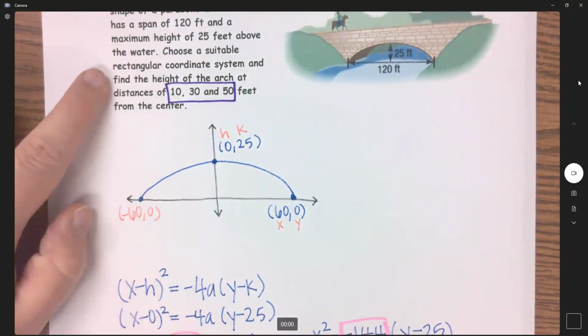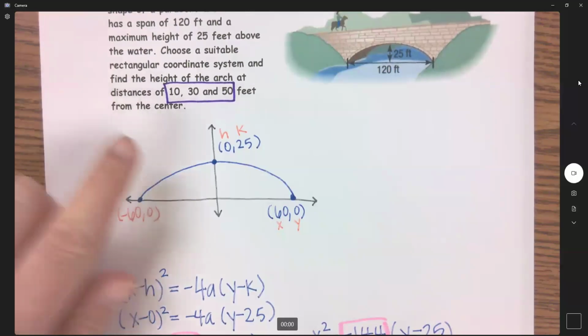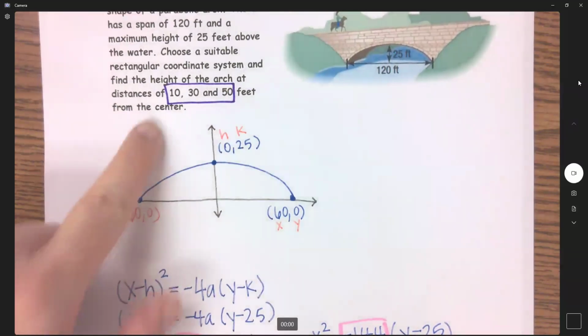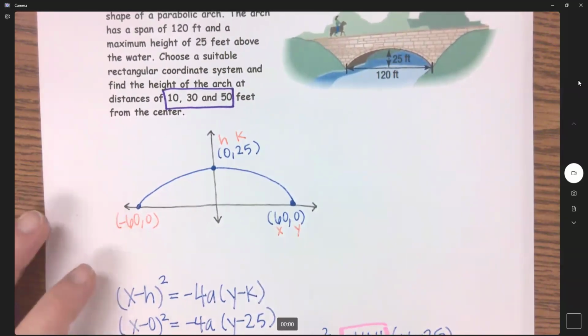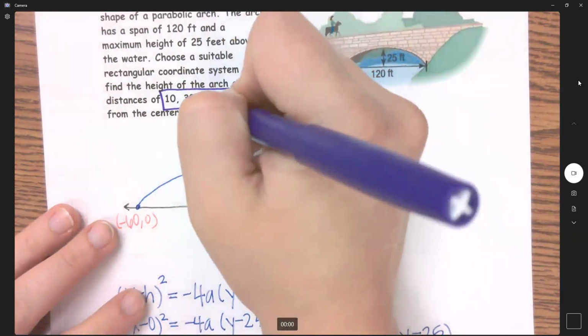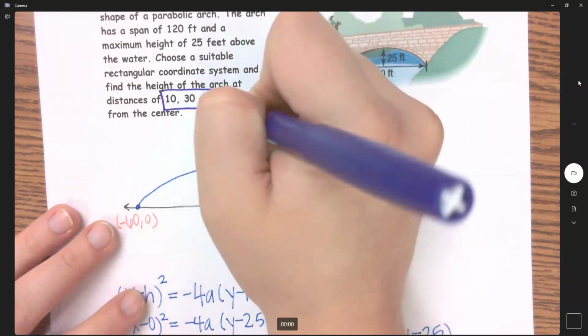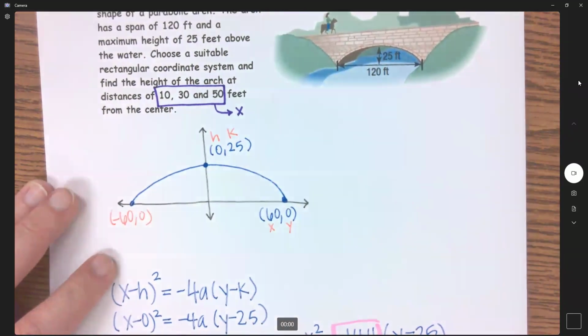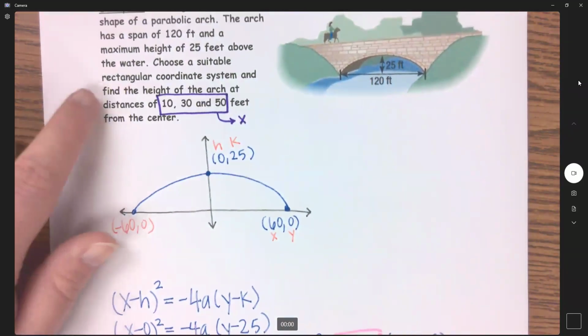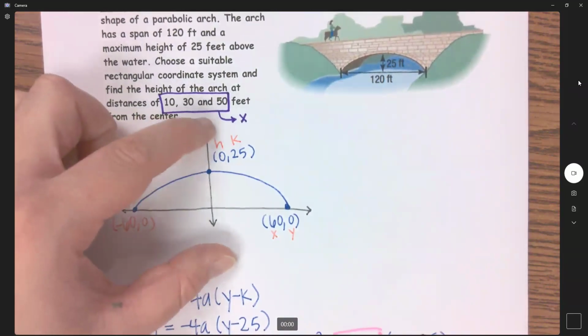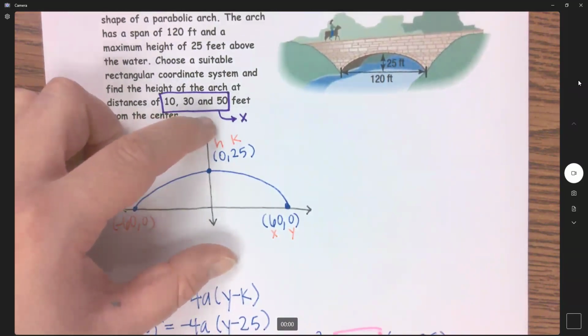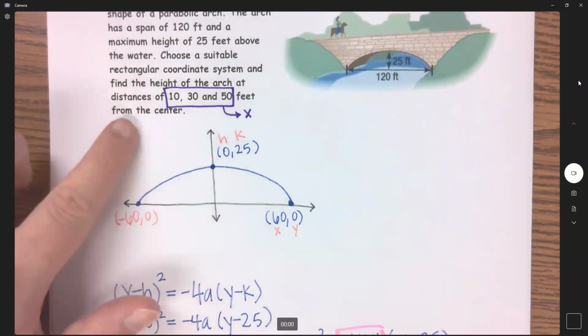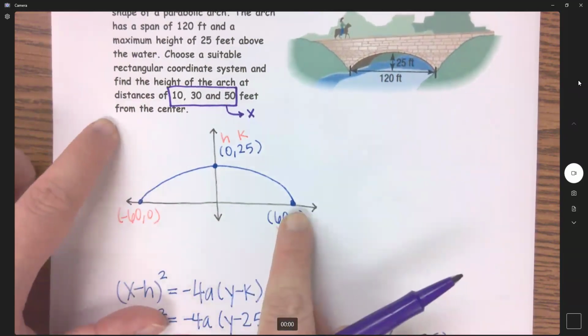Find the height of the arch at distances of 10, 30, and 50 feet from the center. This right here is our x. Find the height of the arch. So I'm finding y at distances of 10, 30, or 50 feet from the center.